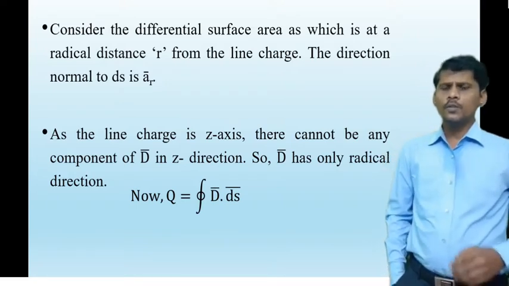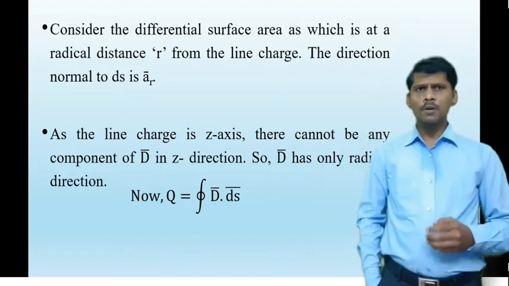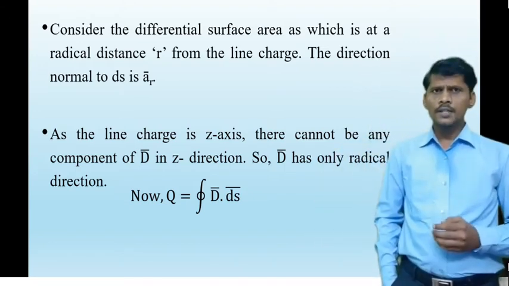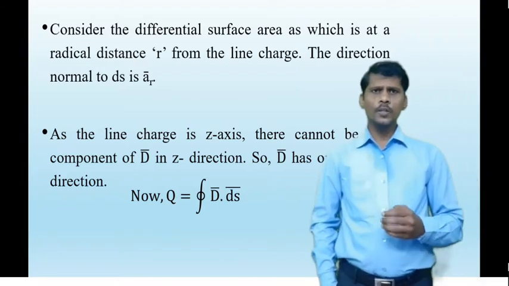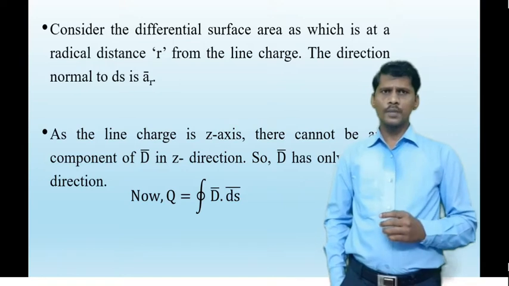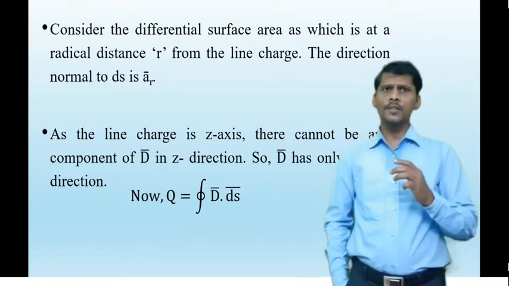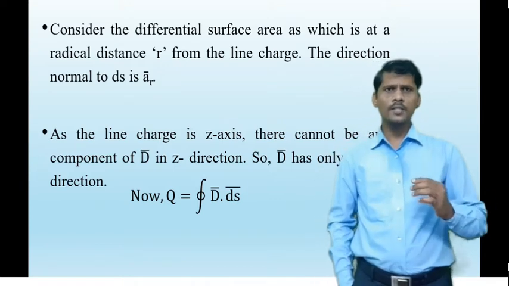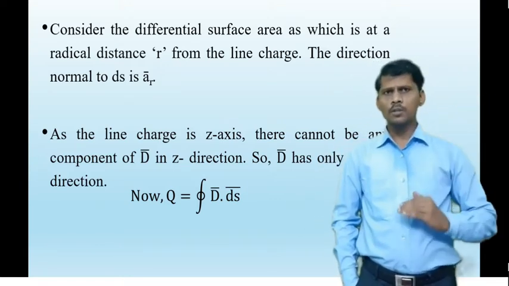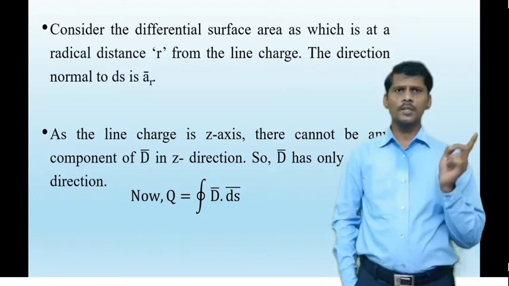We know that using Gauss law, Q is equal to the closed surface integral of D bar dot dS bar. Here, for the electric flux density due to an infinite line charge, the right circular cylinder is the Gaussian surface. The closed surface integral can be evaluated in three parts: the top of the cylinder, the bottom of the cylinder, and the side or lateral part of the cylinder.